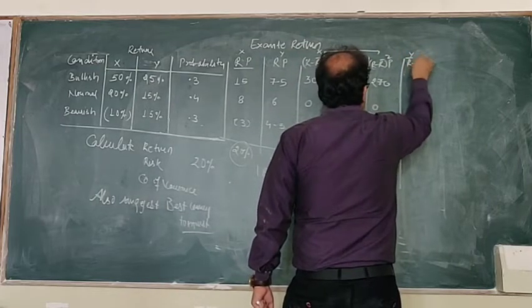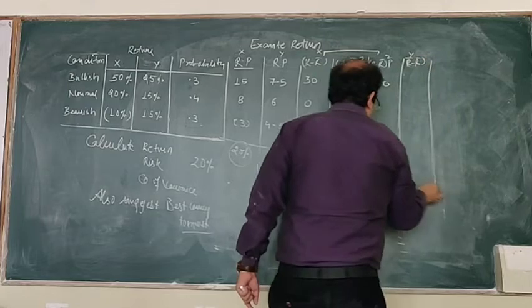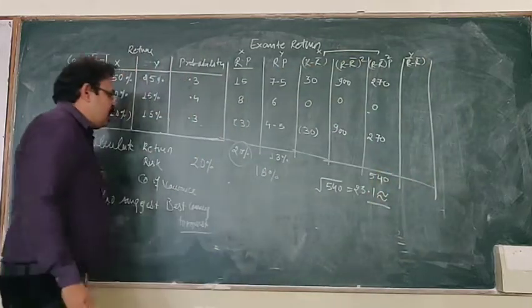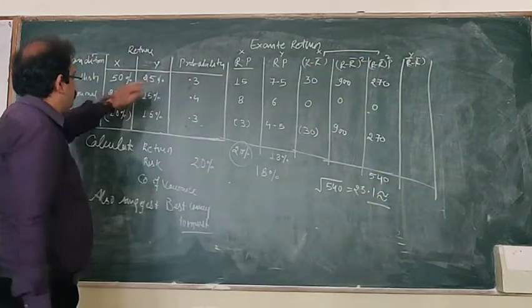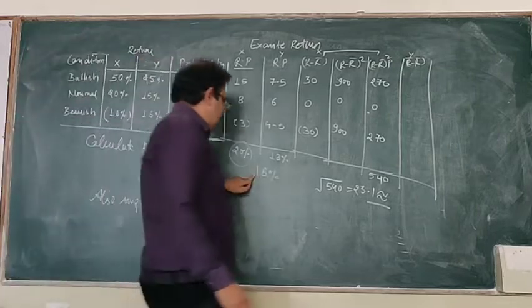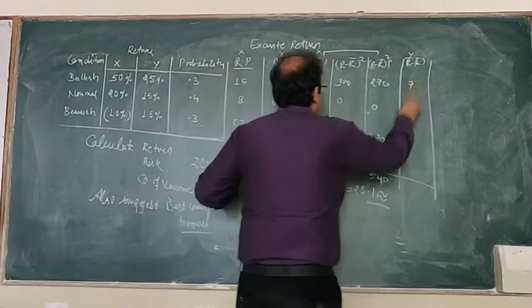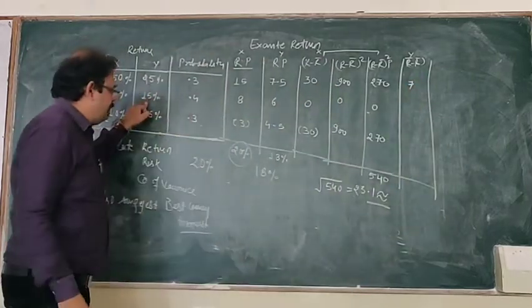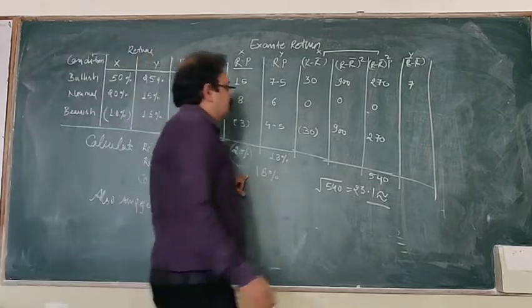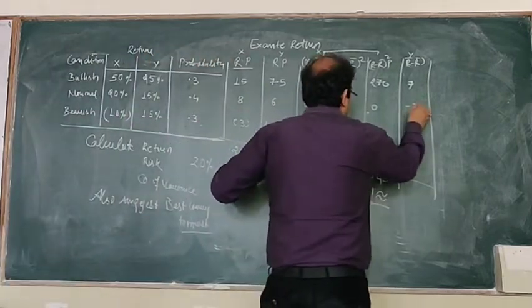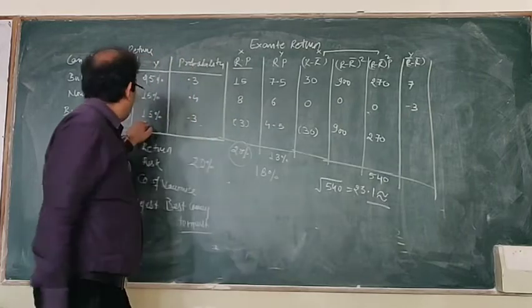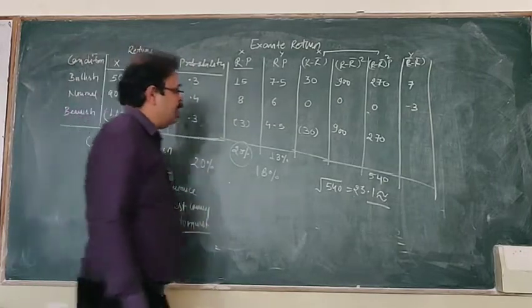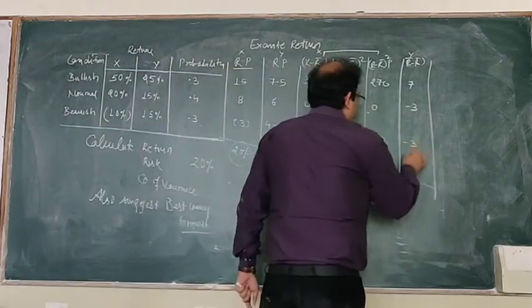First we calculate R minus R bar for each. What is R bar? 18. So 25 minus 18 is 7, 15 minus 18 is minus 3, 15 minus 18 again is minus 3.